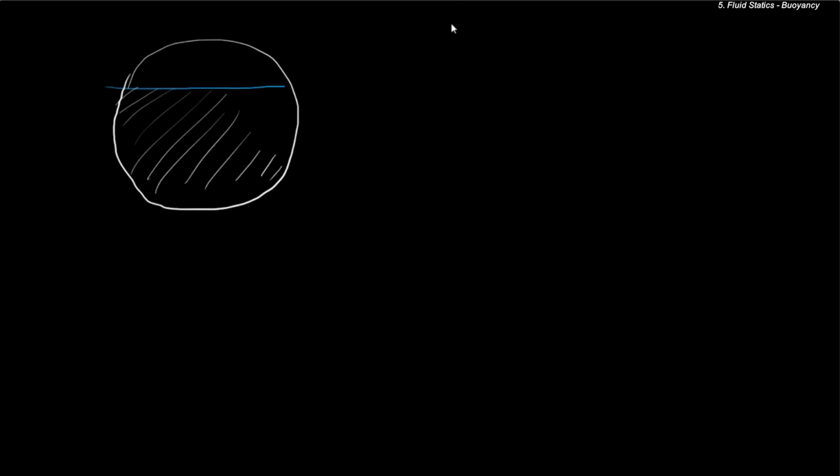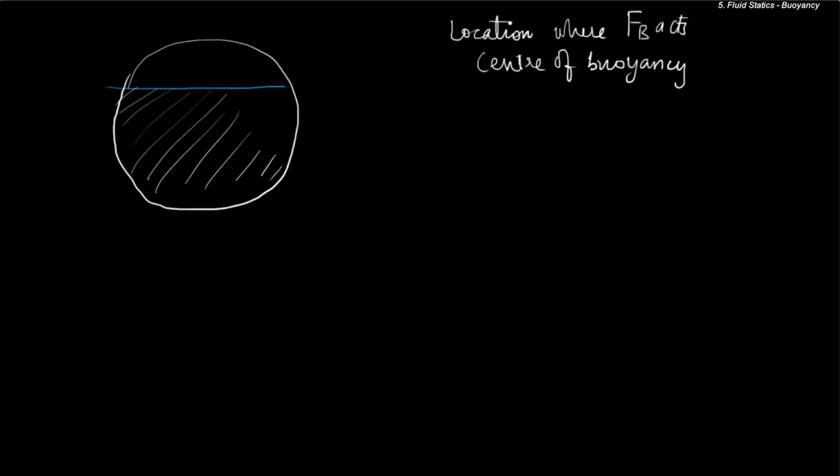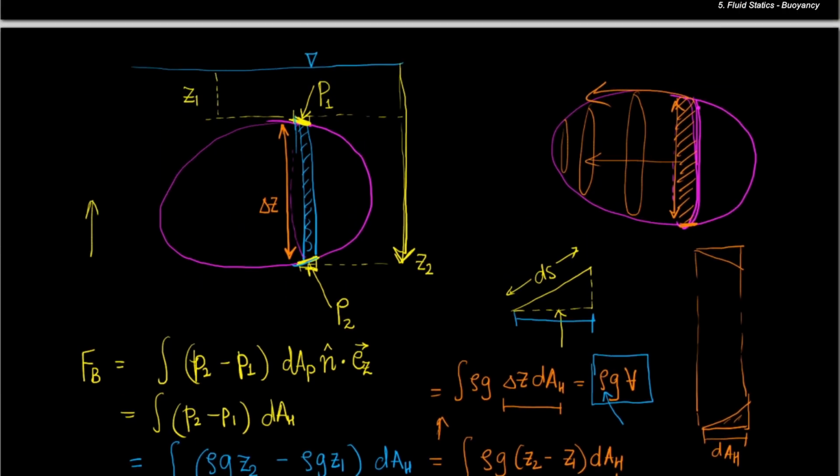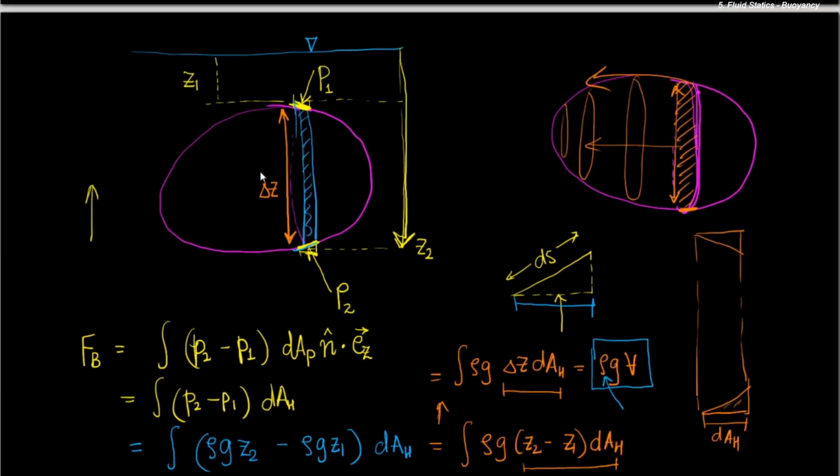The location where the buoyancy acts is called the center of buoyancy. So if we go back to our previous example, it was typically the centroid of the displaced volume.